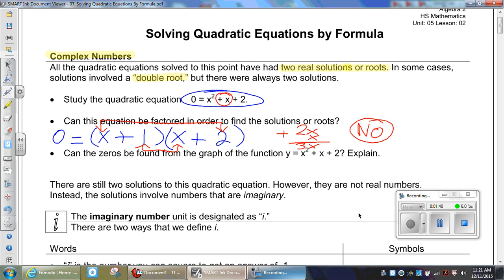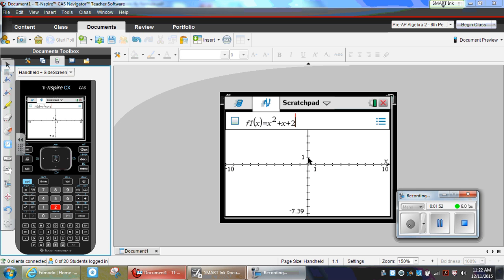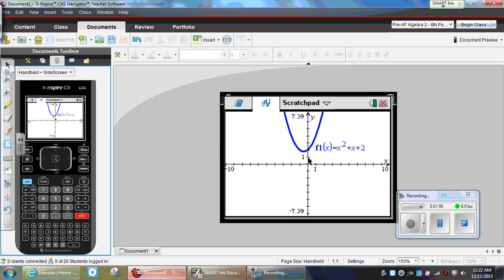Now, can the solutions be found by graphing the function x squared plus x plus 2? Please graph that on your calculator. As you can see, if we graph it, you can see that behavior. Marco, could you repeat what you said? There isn't a solution because it doesn't cross the x-axis.